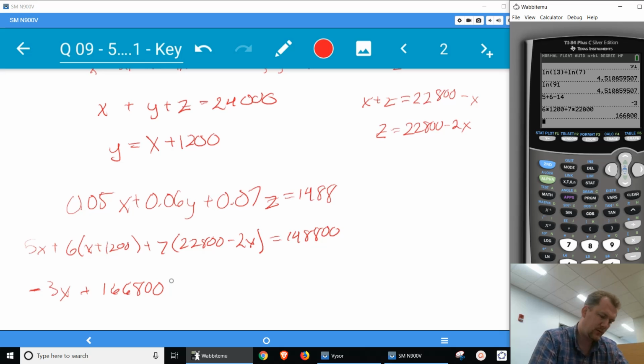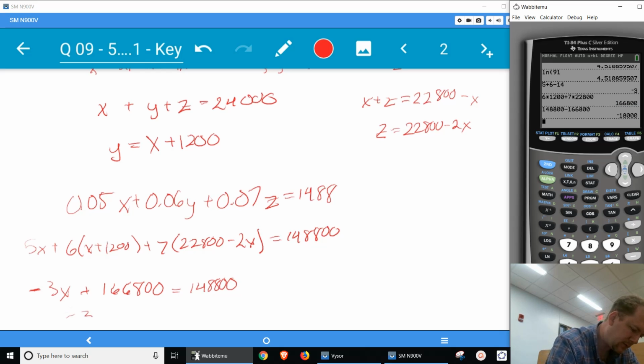Okay, that equals the other side. So now we'll subtract that number from that number. 148,800 minus this. So we get negative 3x is negative 18,000.